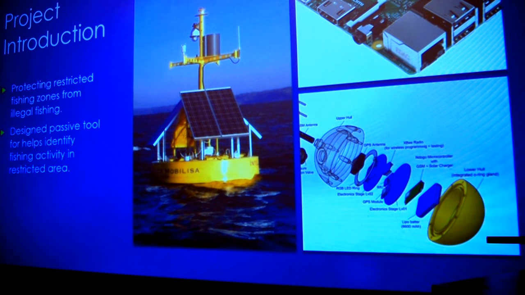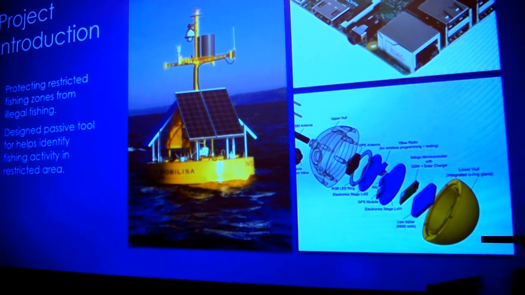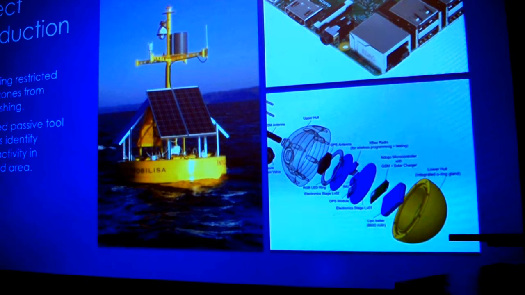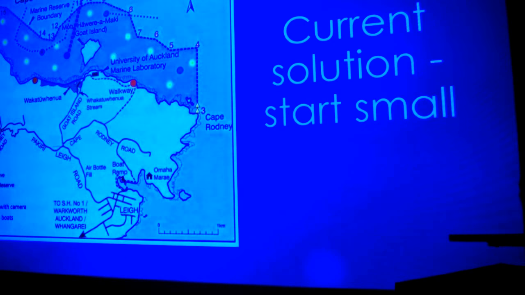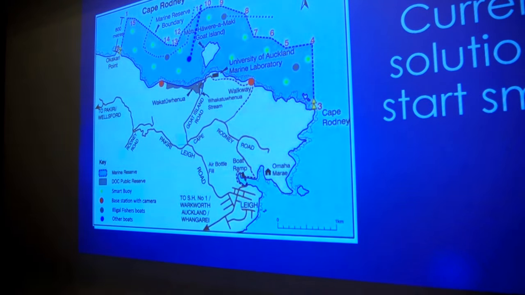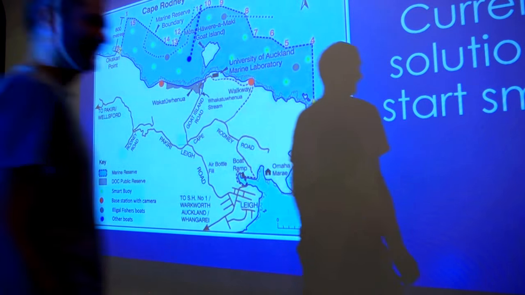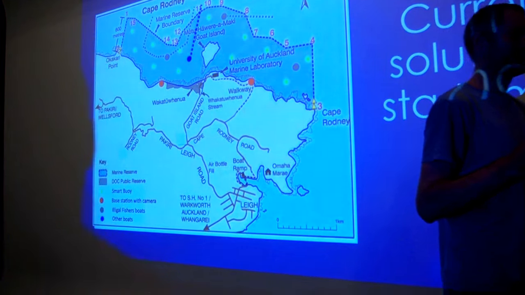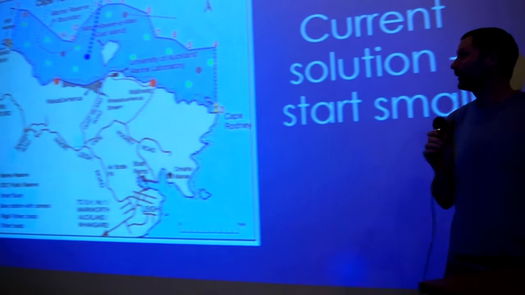So we decided to find another solution using cheap hardware and open software to create new buoys and improve current solutions, and start small. Now, Simon, continue. Yeah, thank you.